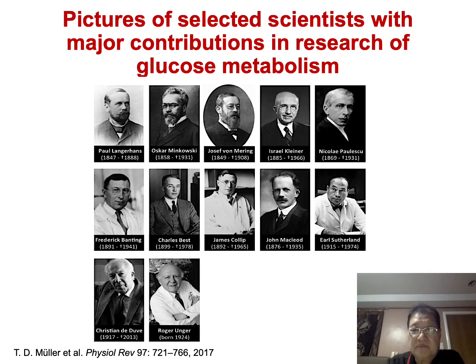Now, these are pictures of selected scientists with major contributions in the research of glucose metabolism, starting from Paul Langerhans, and the last picture is Roger Unger, who gave us the concept of the glucagonocentric view, the importance of glucagon in diabetes. As you can notice, all but Roger Unger have years of birth and death.